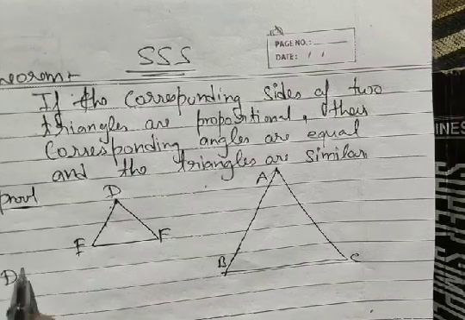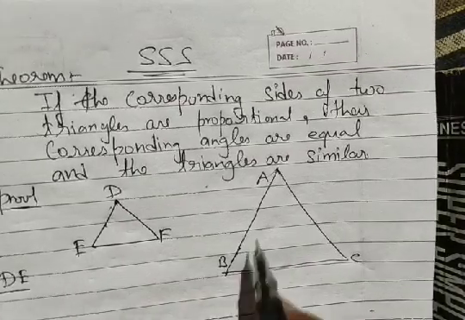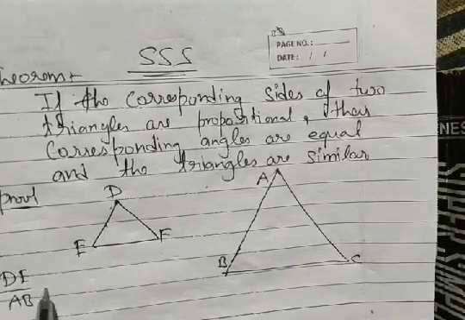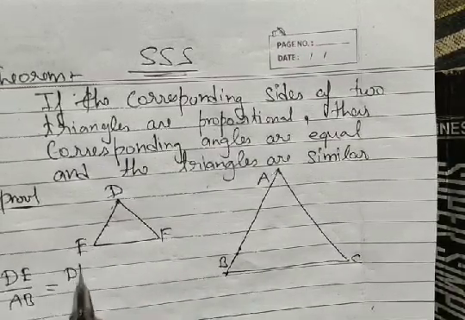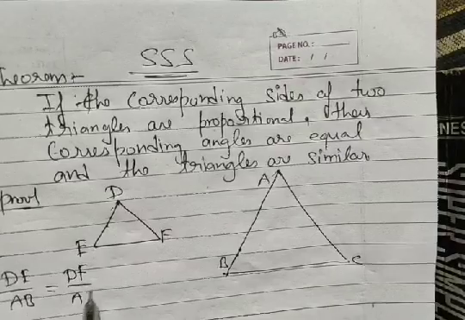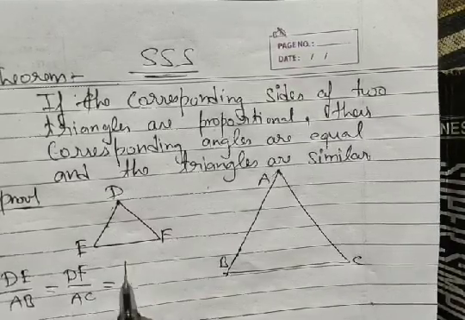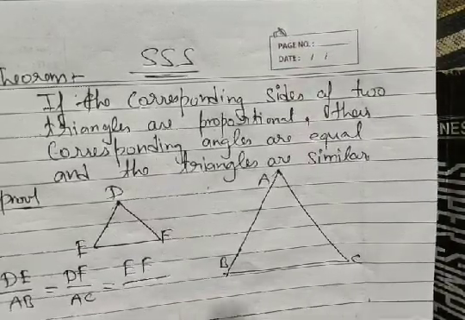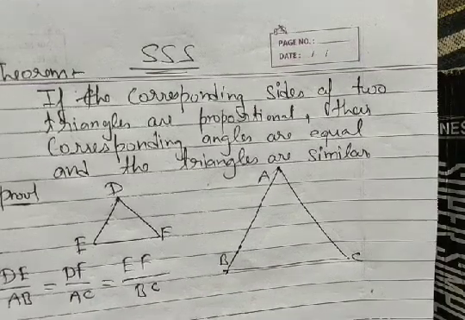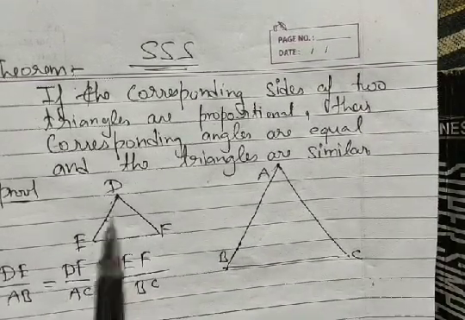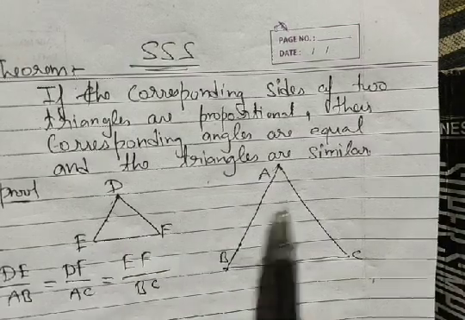Take DE is to AB is equal to DF is to AC is equal to EF is to BC.